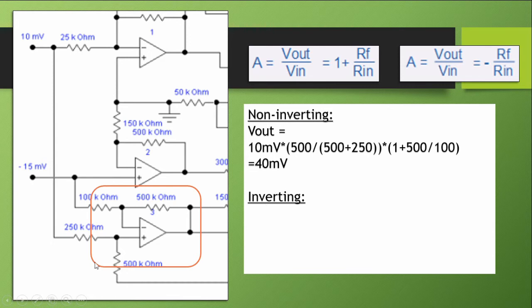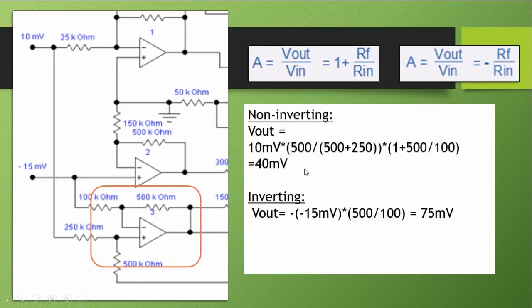We have negative 15 millivolts times negative RF over Rin, negative 500 over 100. So negative 15 times the gain 500 over 100 is equal to 75 millivolts, which becomes positive since our input is negative and the gain is negative.